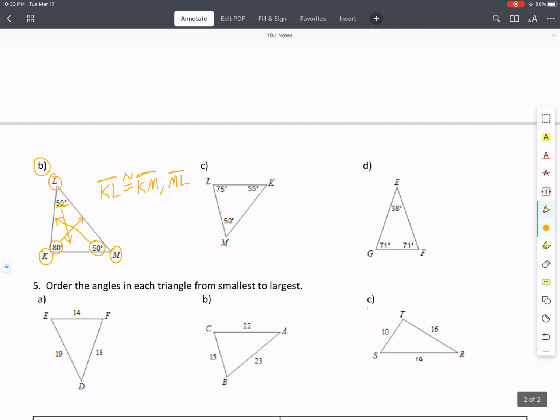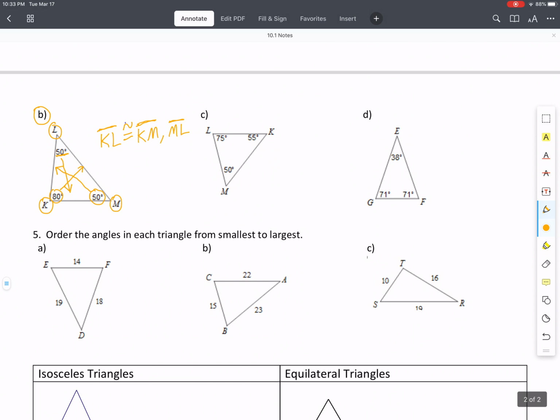There's a lot of practice on here, so go ahead and try C, D, A, B, and C. Except if you notice with A, B, and C down here, now it's looking for the angles.